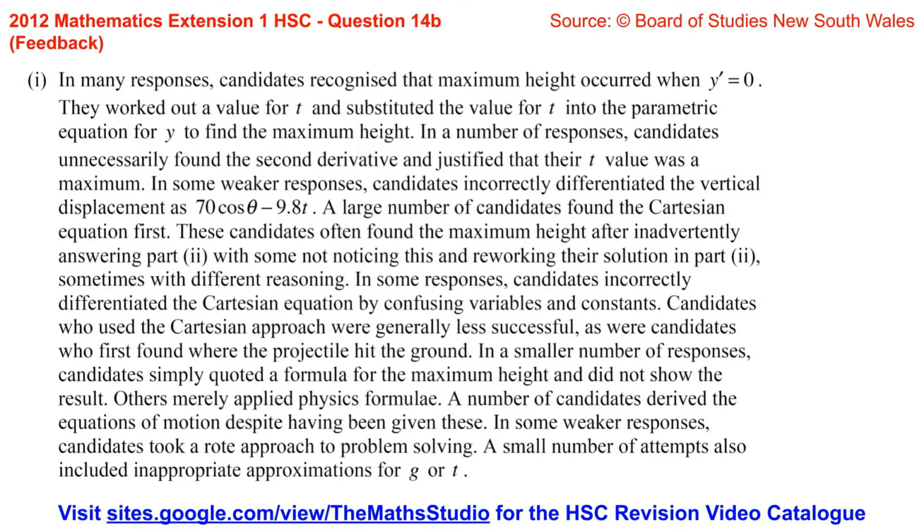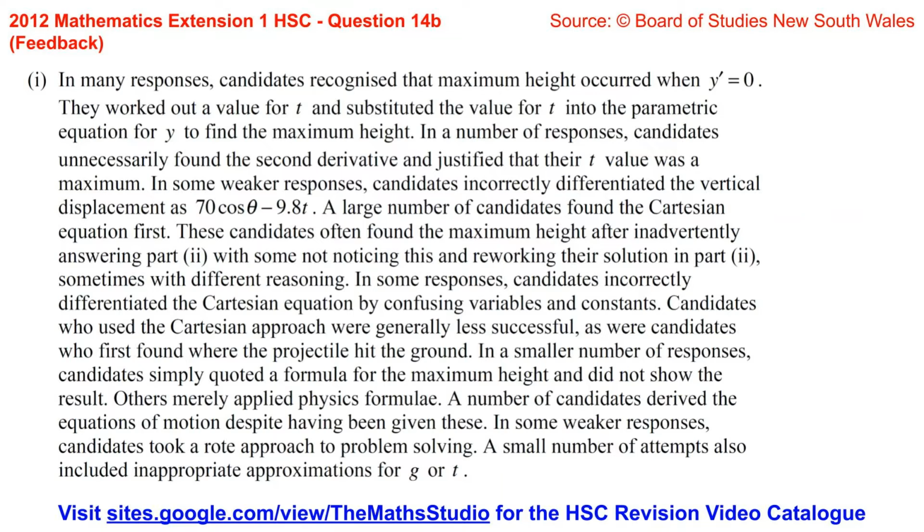In some weaker responses, candidates incorrectly differentiated the vertical displacement as 70 cos theta minus 9.8t. A large number of candidates found the Cartesian equation first. These candidates often found the maximum height after inadvertently answering part 2, with some not noticing this and reworking their solution in part 2, sometimes with different reasoning.